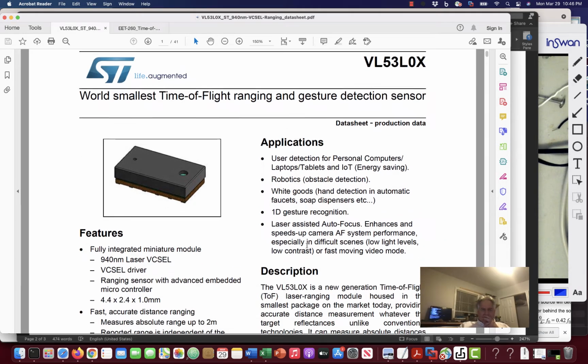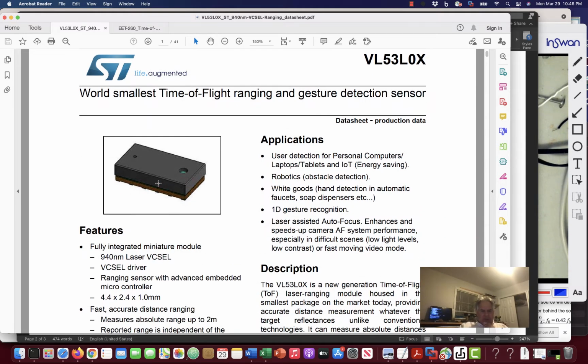Now here's something where they use a vertical cavity surface emitting laser. It's basically like an LED, except it doesn't produce light with a whole bunch of different phases. It produces coherent light at one phase.